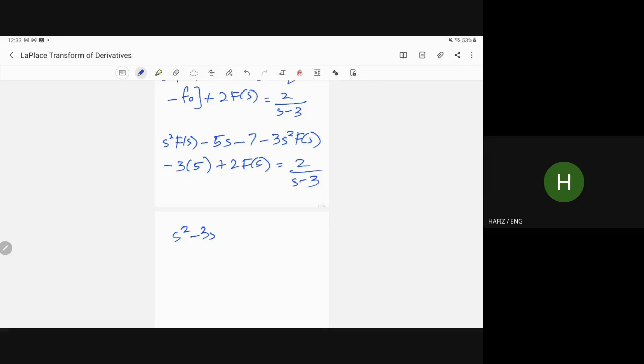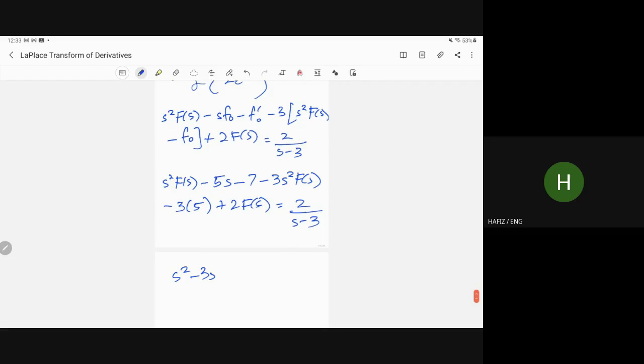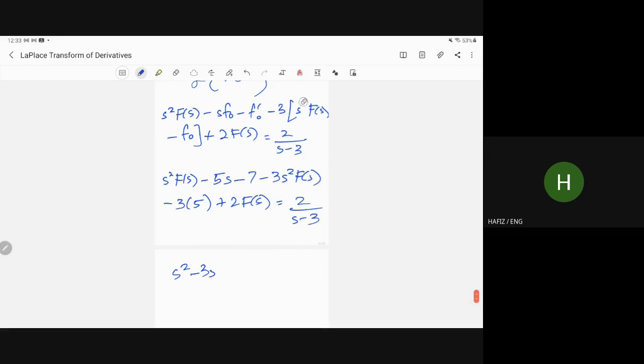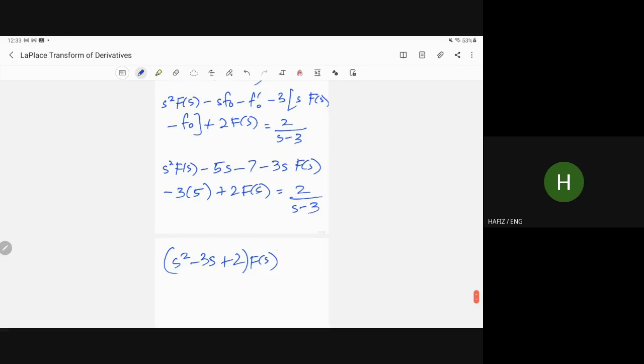Okay, hold on. This is just 3s. Sorry, so this is not s squared, that's just s. So s squared minus 3s plus 2 F(s), and then we have minus 5s and minus 7.